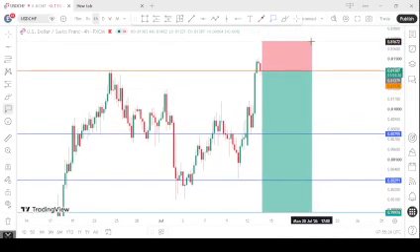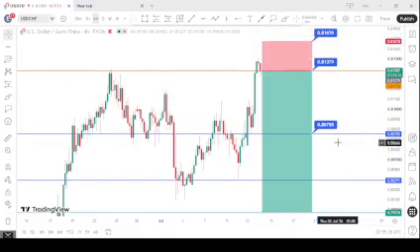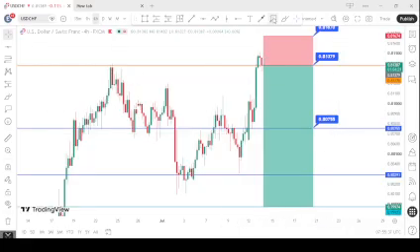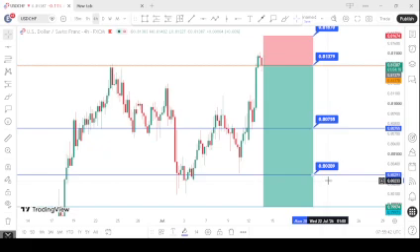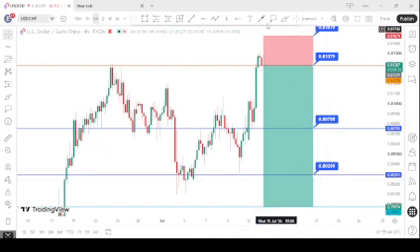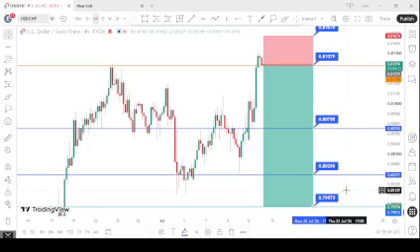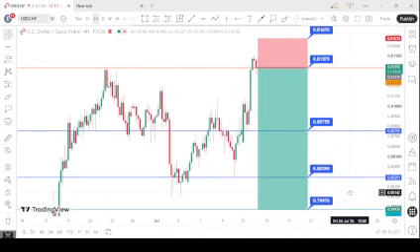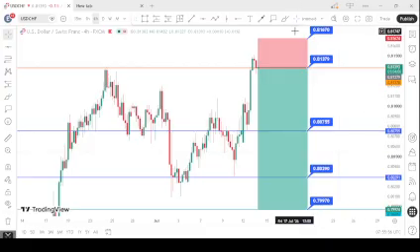Let me put the coordinates out so that I can share the signal with the community. So yeah, that's it on USD CHF.